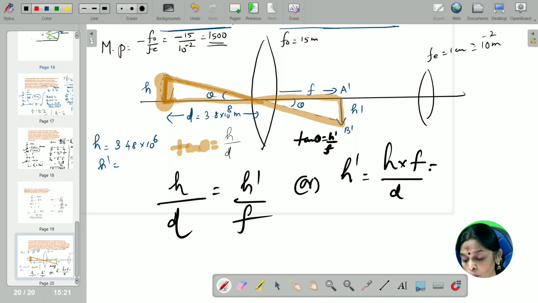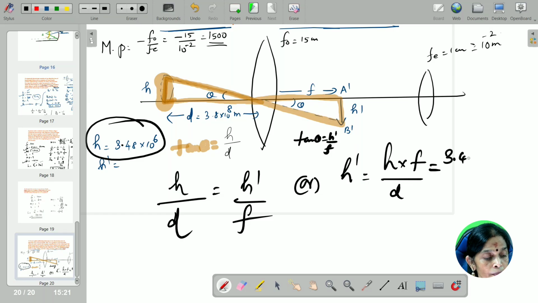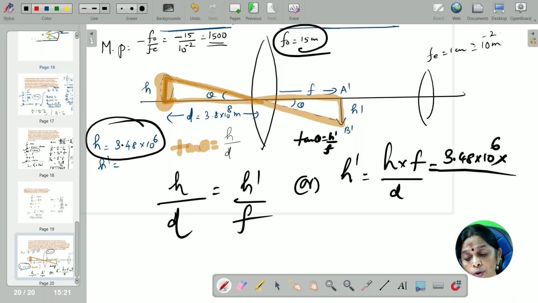That is all. What is H? 3.48 into 10 power 6, into focal length. What is the focal length? 15 meters, divided by D, which is 3.8 into 10 power 8 meters. Approximately you cancel it, 3.48 by 3.8.